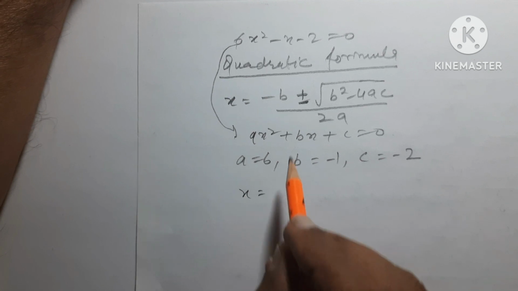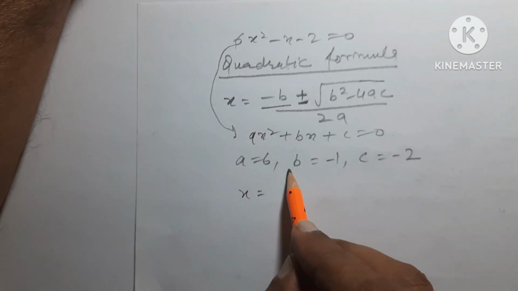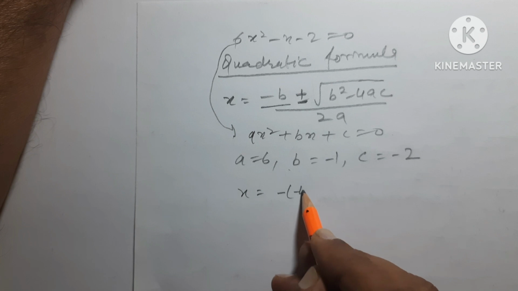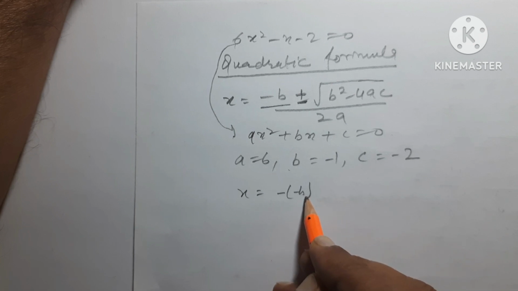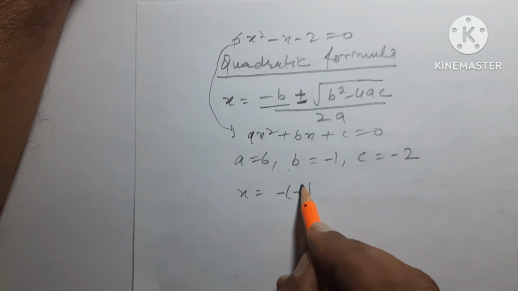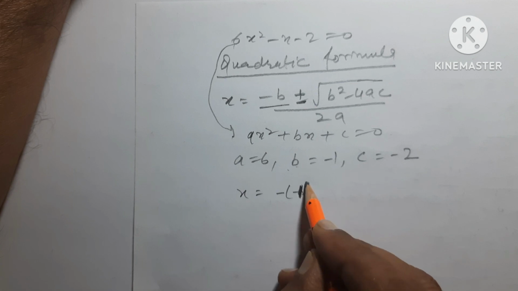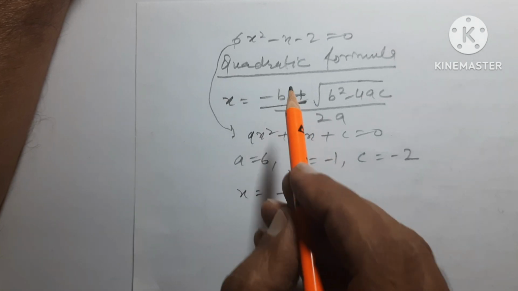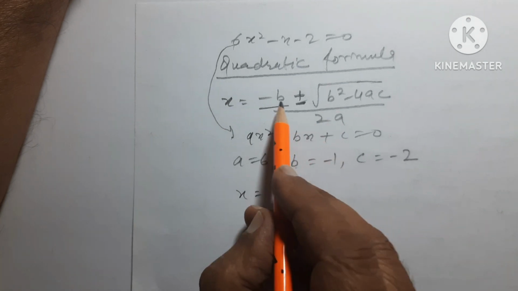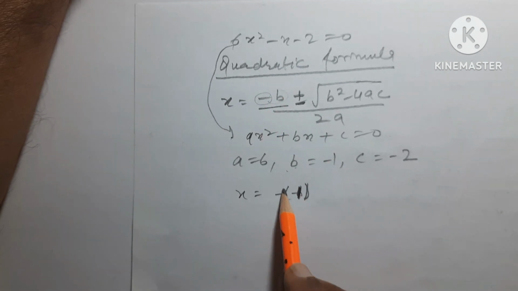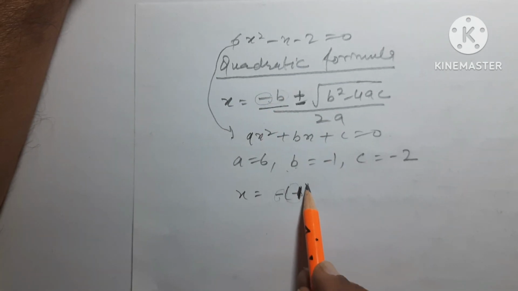x is equal to minus b. b is how much? Minus 1. So I am writing minus of minus 1, because of this minus in the formula and the value of b being minus 1.